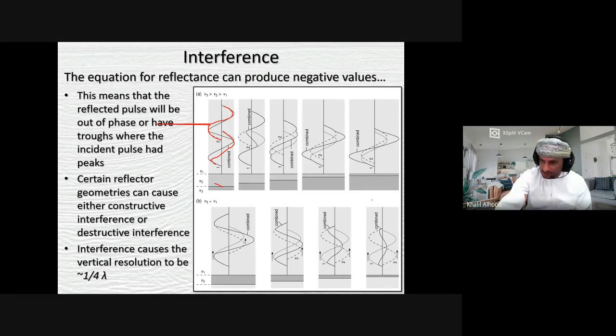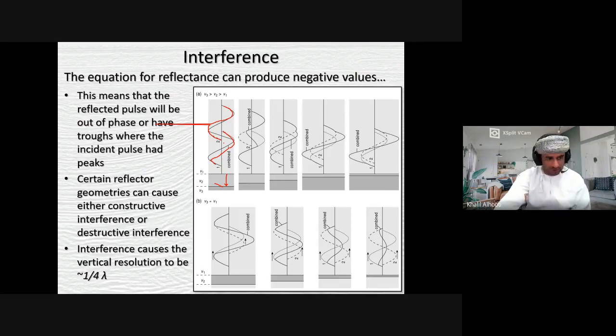So to get two different reflections without much interference, either constructive or destructive, the thickness of this layer must be greater than a quarter of a wavelength of the source energy. That's a characteristic of the source energy.